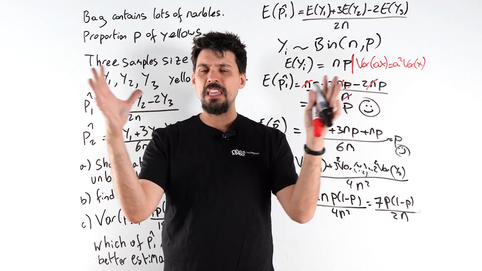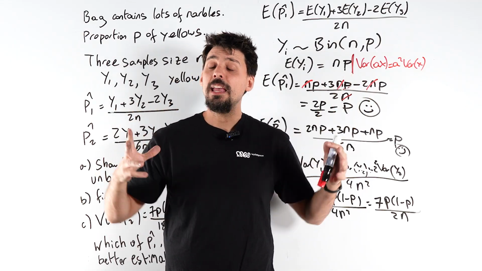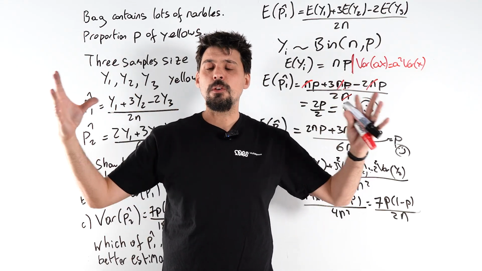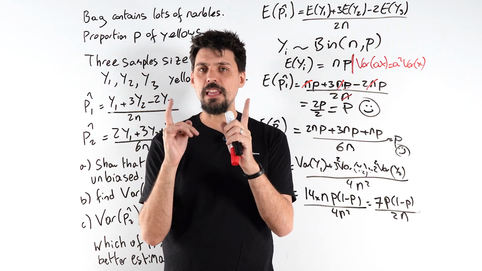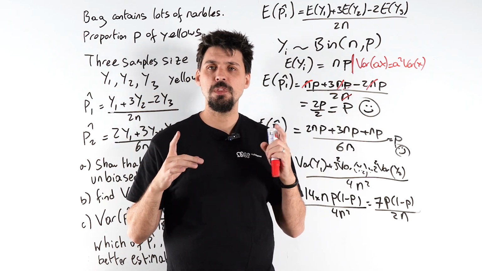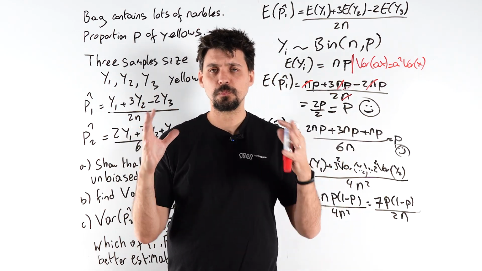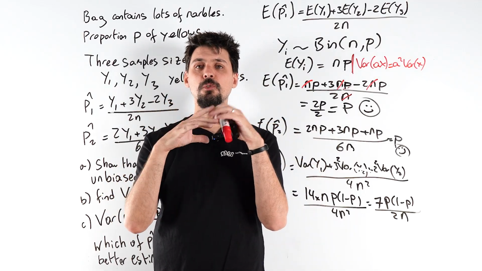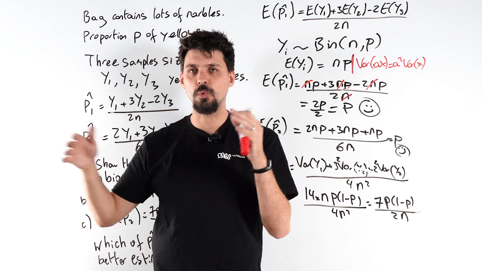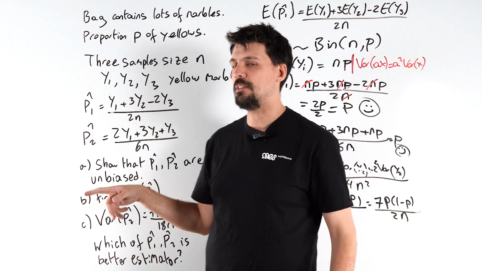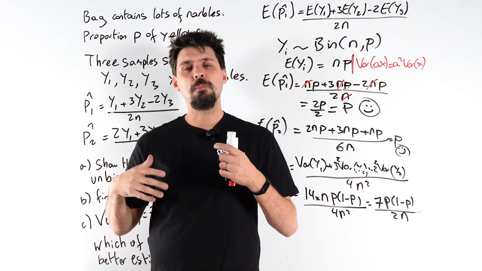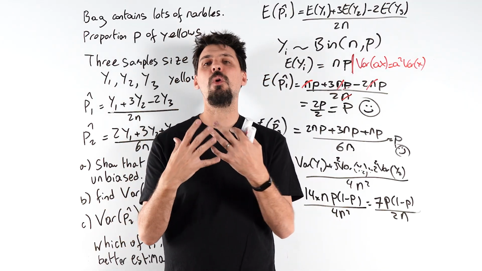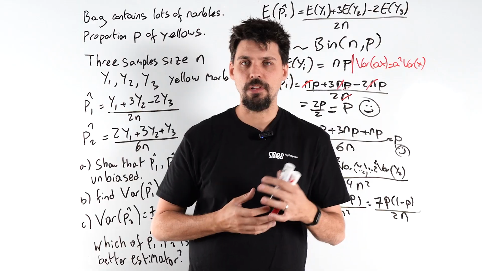Whilst their mean is at P, what I'd quite like is that these individual things stay quite close to P, i.e. I want the one with the smallest variance. So between P1 and P2, I want to choose the one that has the smallest variance.